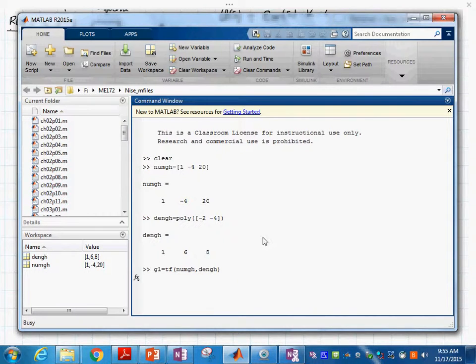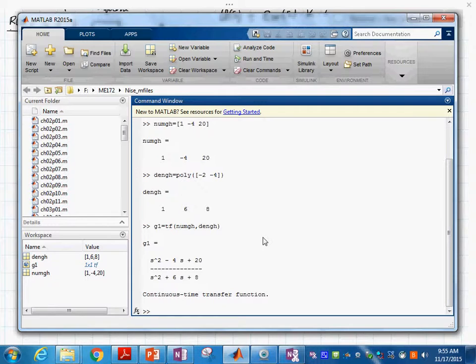So right now, this is the transfer function we are working with. It's a continuous time transfer function. Now, after this, we want to study the root locus, which I already have explained in the other video, so you know what the concept of the root locus is.